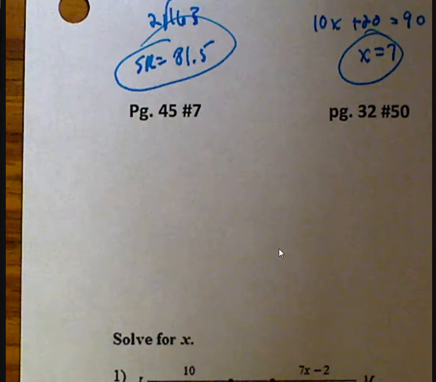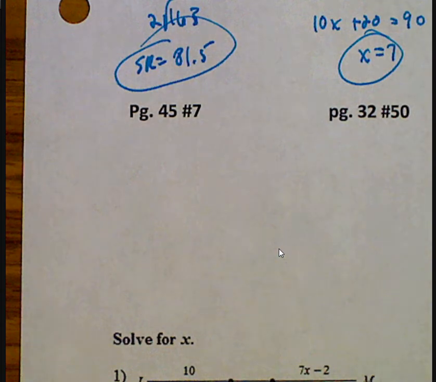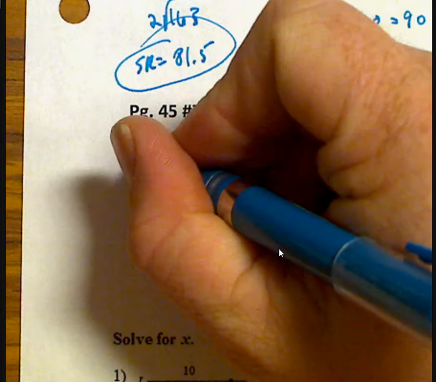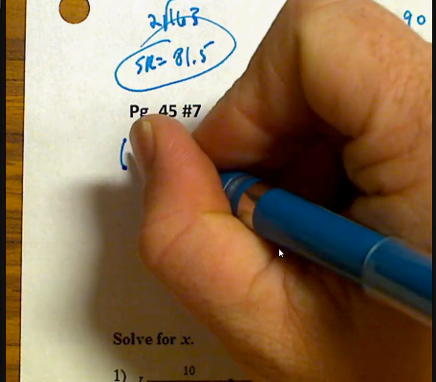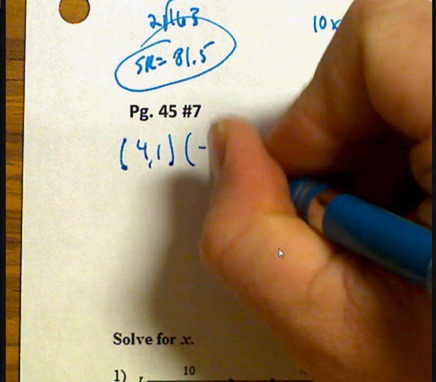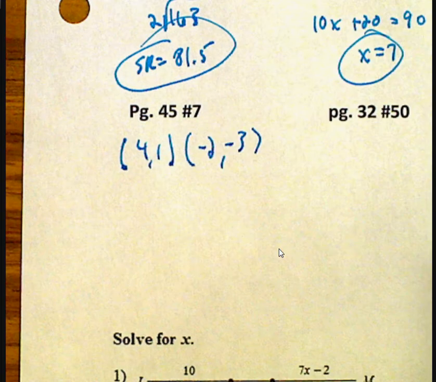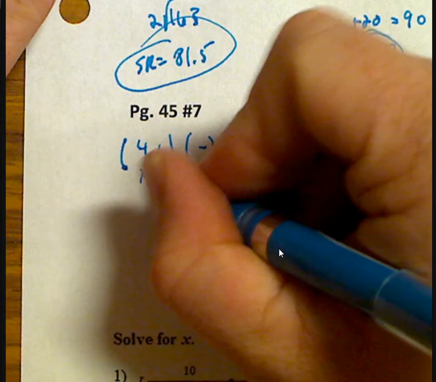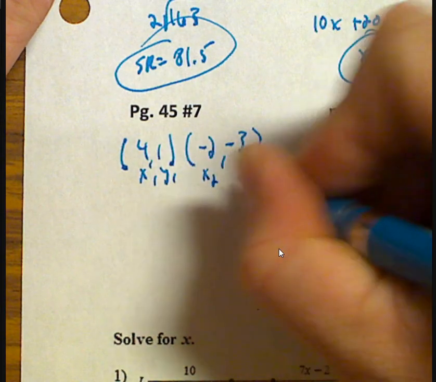Page 45, number 7. It says find the coordinates of the midpoint. I'm given P is 4, 1 and Q is -2, -3. So my midpoint is x1, y1, x2, y2.